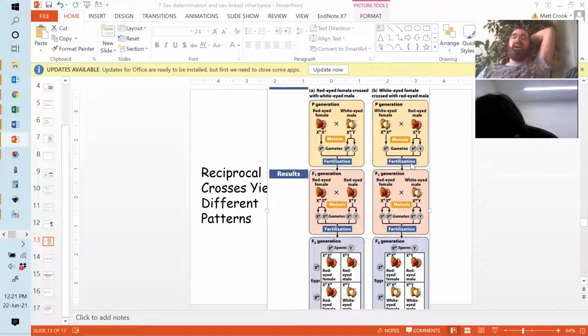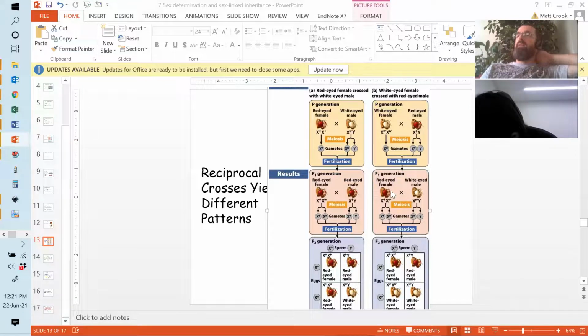Now, if you look at it the other way around, now you have two white alleles, because you have a white-eyed female. And now each of the F1 generation will carry a copy of that allele. Again, you'll have a heterozygous female carrier.